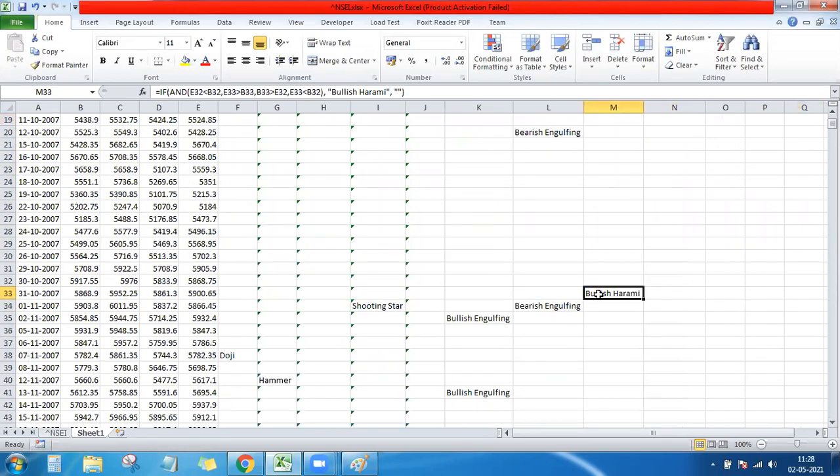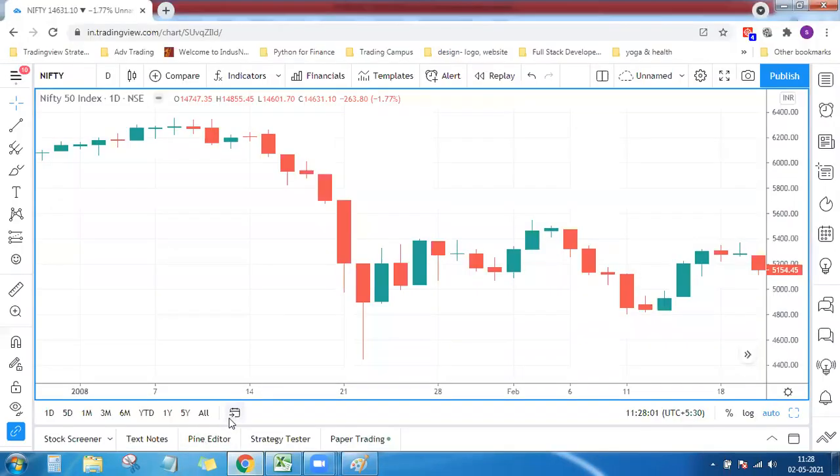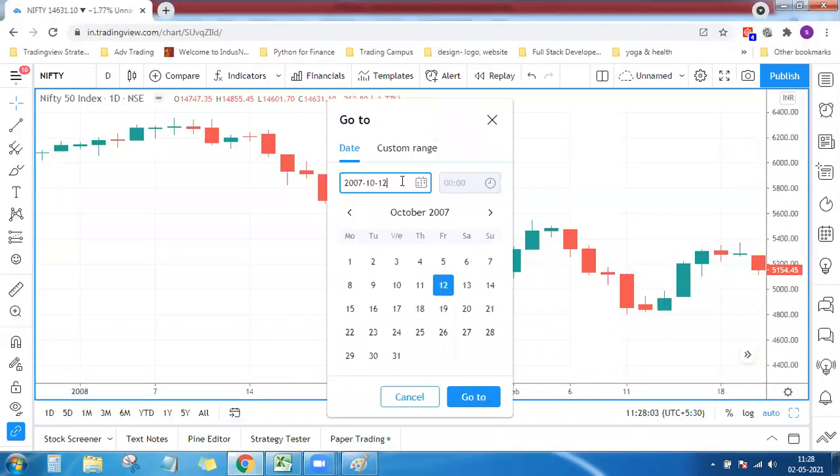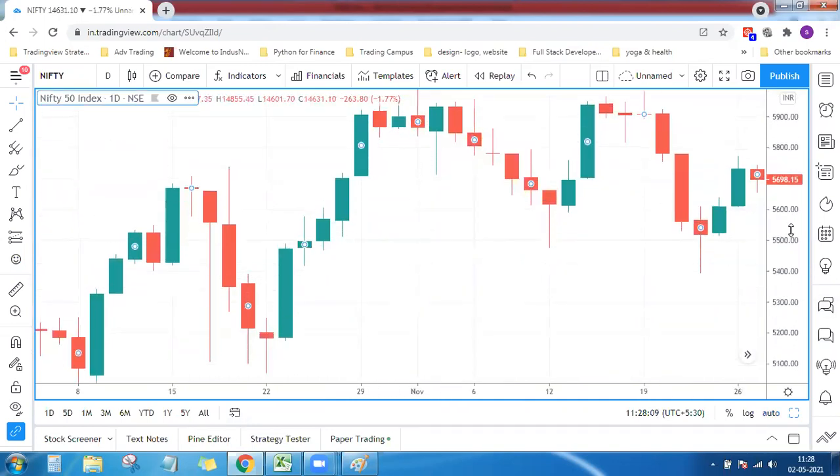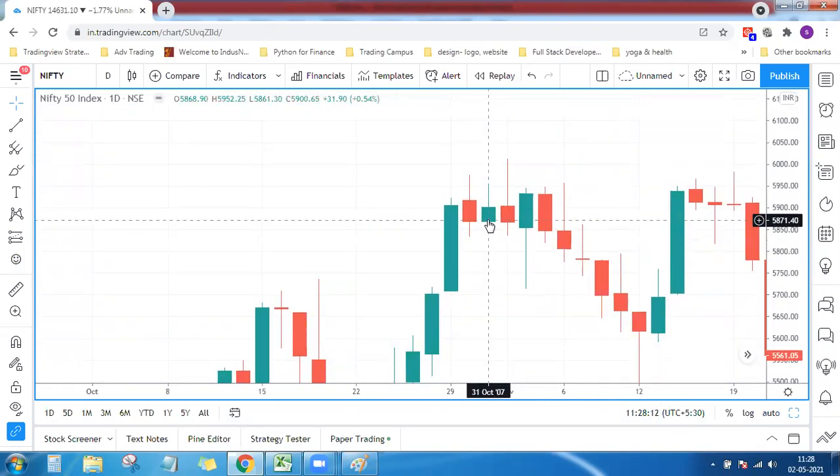There's a bullish Harami on 31st October 2007. This one. The green body is completely inside the red body. Previous day closing price is 5868.75. Next day 5868.90.